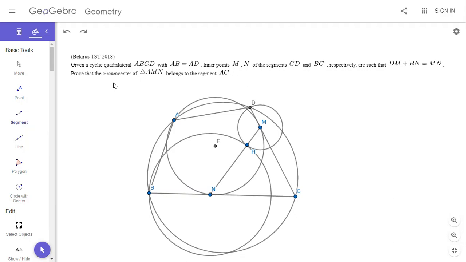All right, I'm back. Okay, so we want to show the circumcenter of AMN belongs to AC. Are EM and EN tangent? Let's see. No, I don't think EM and EN are necessarily tangent.